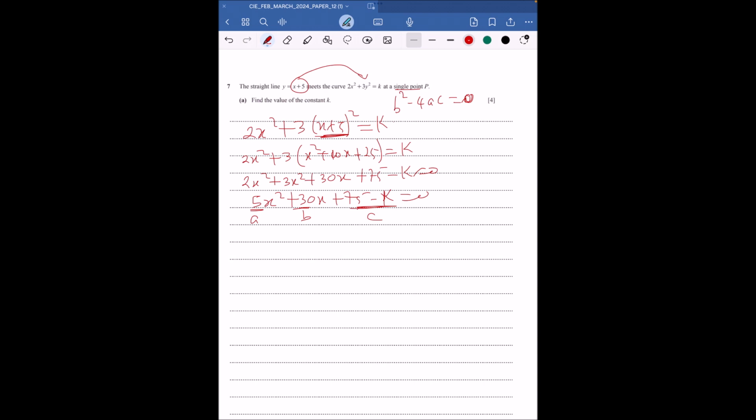So b squared minus 4ac, so 30 squared minus 4 times 5 times 75 minus k equals 0. Okay, so I'll just take this to this side. So this will be 900. It equals to 20 bracket 75 minus k equal to 0. So this can cancel. 90 is equals to 75 minus k. So k should be 15.